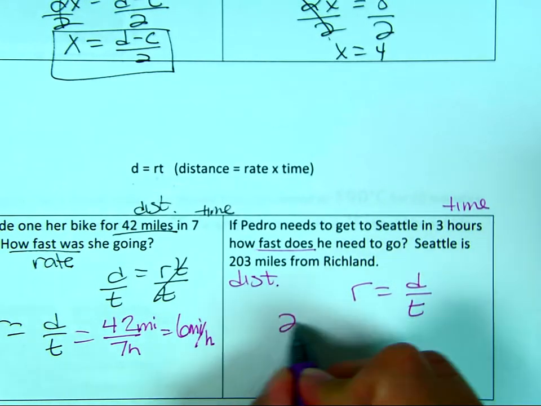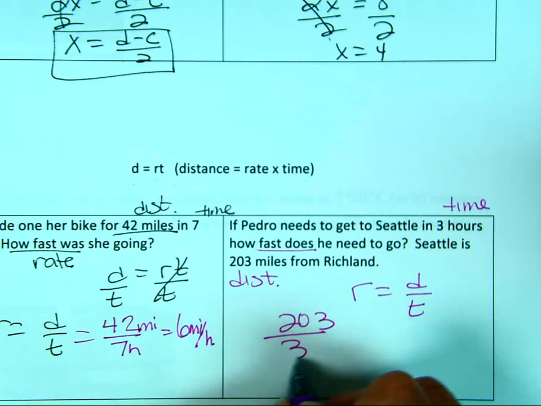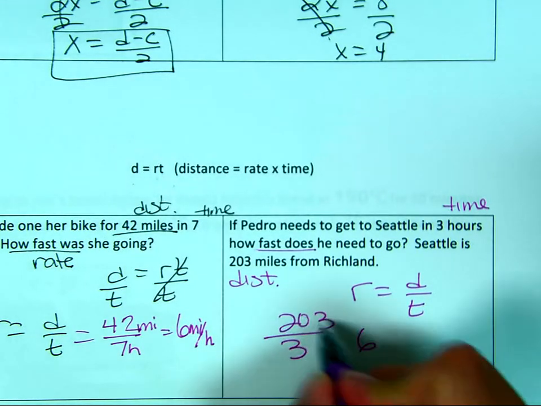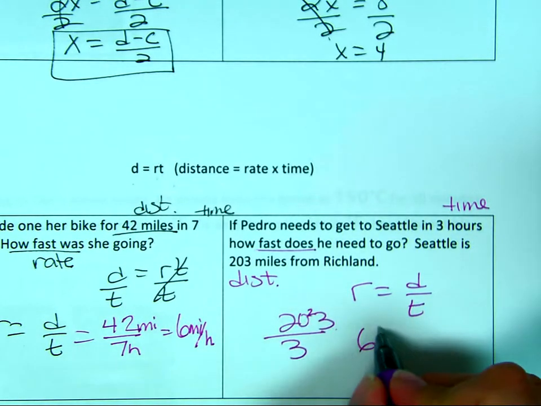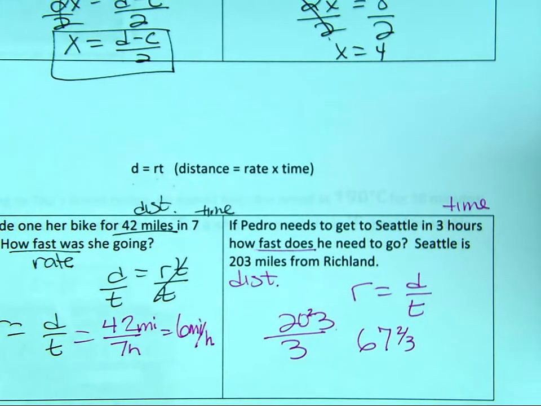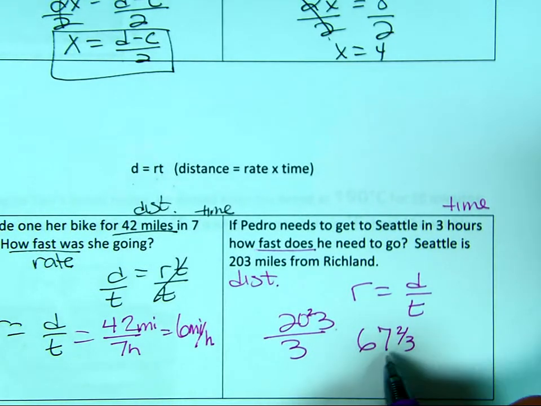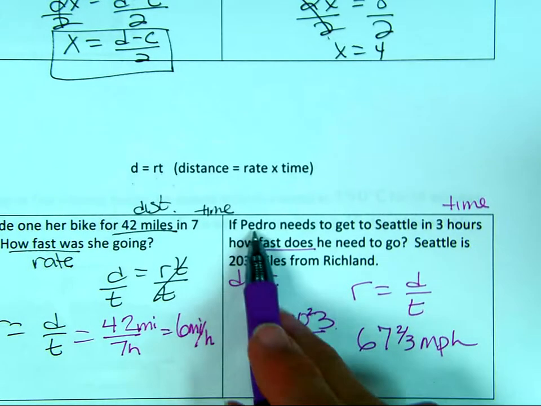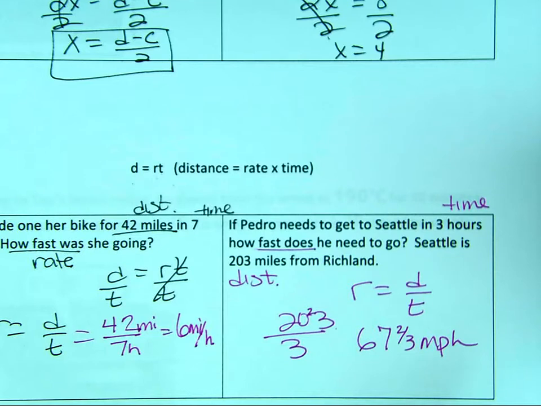Again, I take 203 miles and divide it by 3 hours. So 3 goes into 20 6 times with 2 left over. It goes into 23 7 times with 2 left over. So it looks like I would have to average about 67, 68 miles per hour in order for Pedro to get to Seattle in 3 hours.